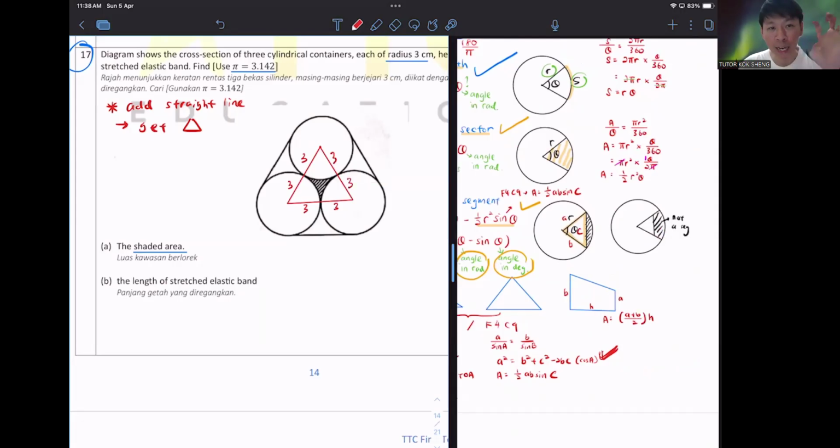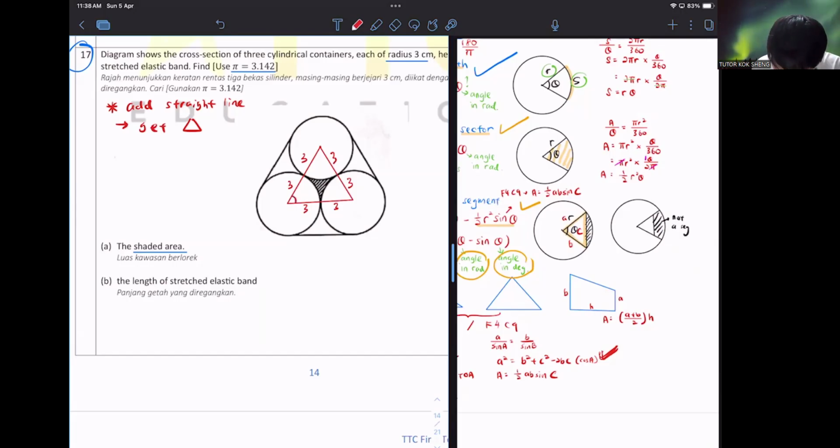So there you go. Again, you add on the straight line. The triangle must be able to help you to find the answer, of course. So you can see after adding a straight line here, I got a triangle, right? This triangle is an equilateral again. So we can get more info from there, because they are all the same length.